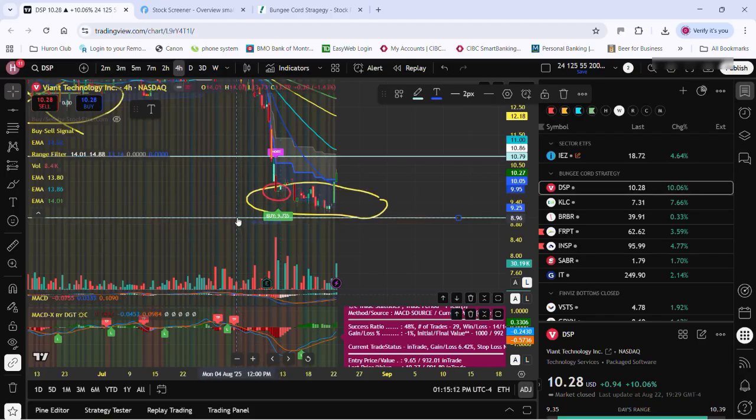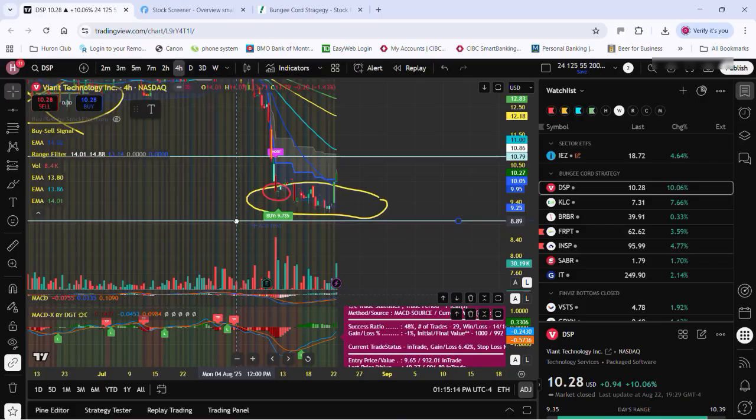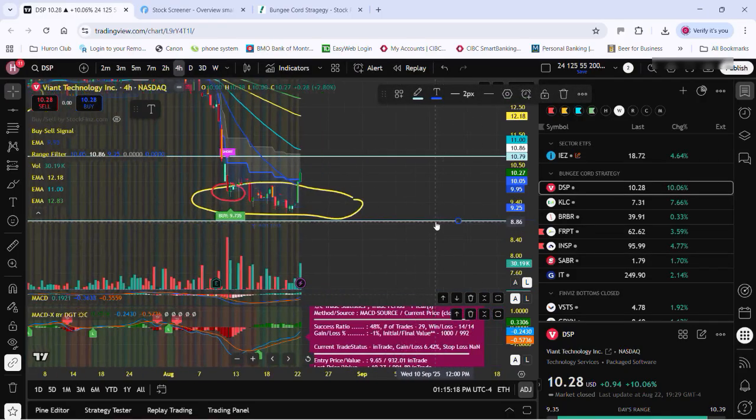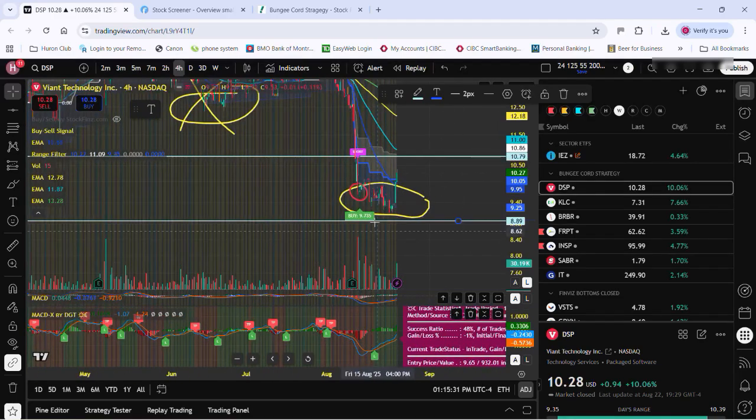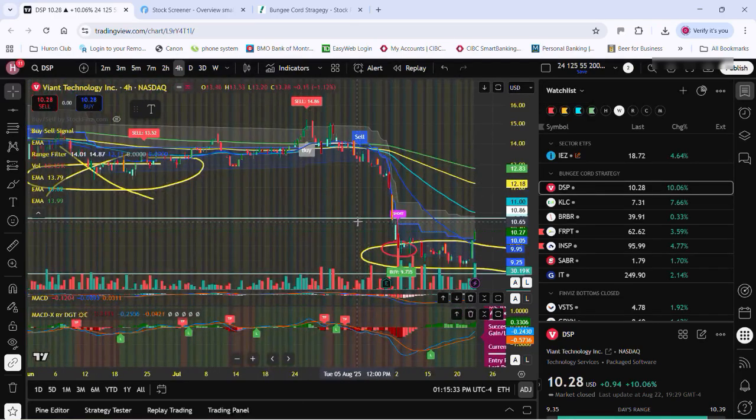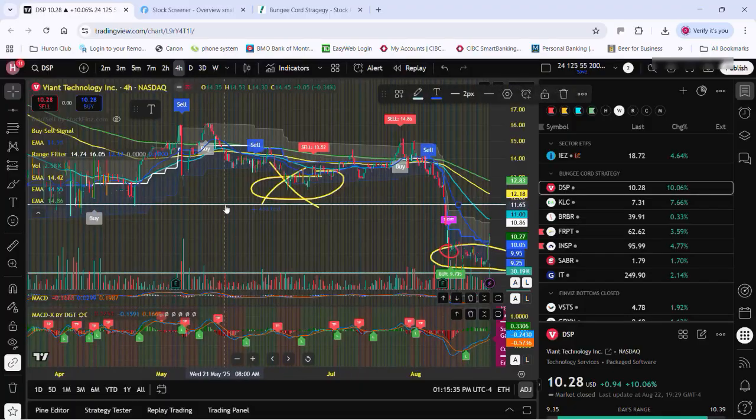And in this case here, it seems to be paying off because I got in at 970 and the stock closed at 1031. And my upside target is at 1079, and it seems to be heading there fairly quickly. And so I love this one. This is what I'm looking for. This is exactly what we're looking for in the bungee cord strategy each and every day.